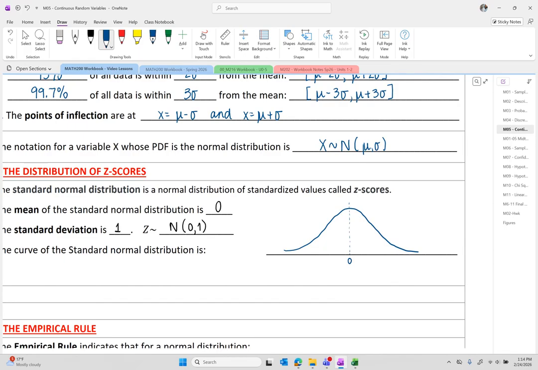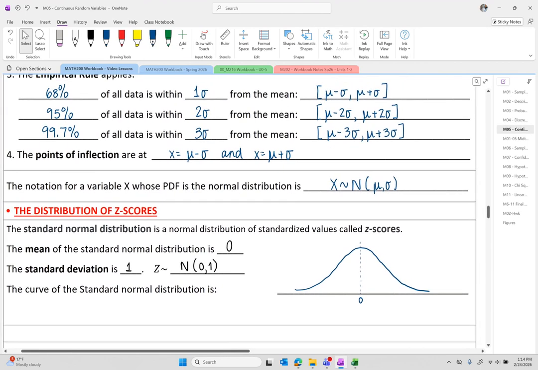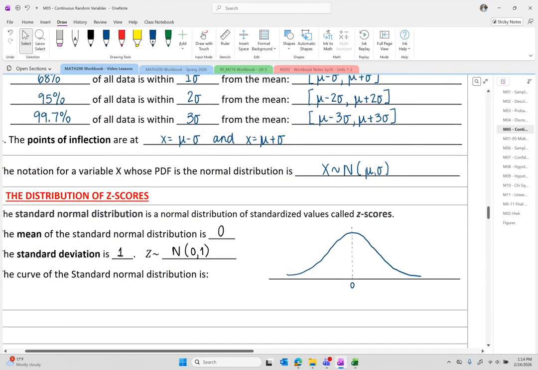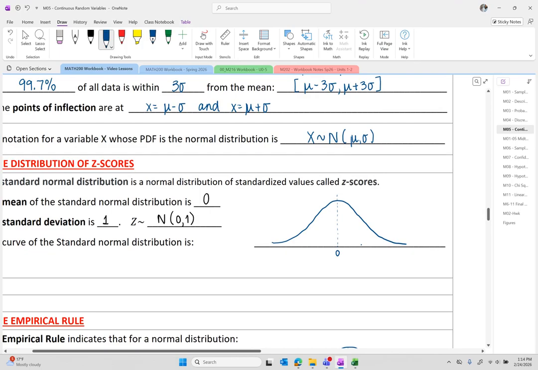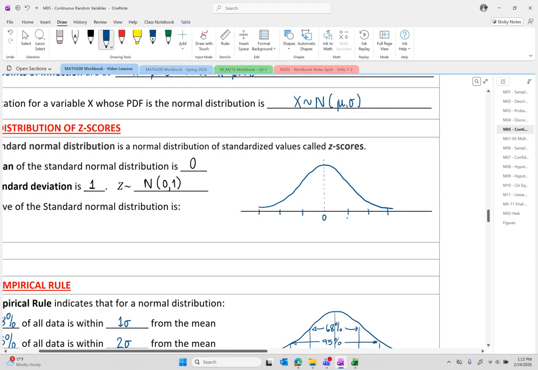And 99.7% of all the data is within 3 standard deviations from that mean, so I'm only going to do 3 tick marks to the right and 3 tick marks to the left, and that should cover almost all of the data that I could portray in a graph. Every tick mark is a standard deviation, 1, 2, or 3 to the right, and -1, -2, -3 to the left. And the label here is the z-scores.